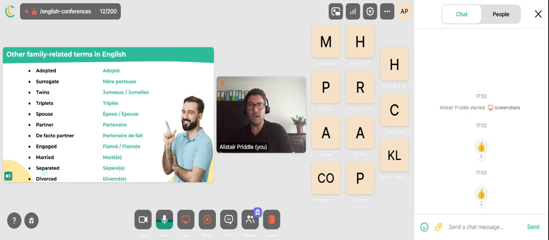So these are other family-related vocabulary in English. I'm going to read through the list and then I'll read through twice. Have a listen to these vocabulary words.